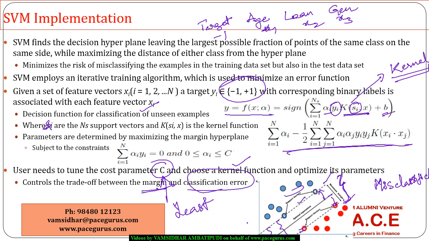I am determining the kernel function in such a way that the misclassification error is as low as possible, but at the same time, I'm also looking for the distance between the groups to be as high as possible, so that even in future, when a new observation requires classification, we can do it with a small amount of error. So that's the kind of process that is followed.